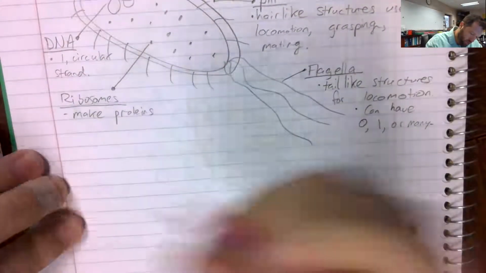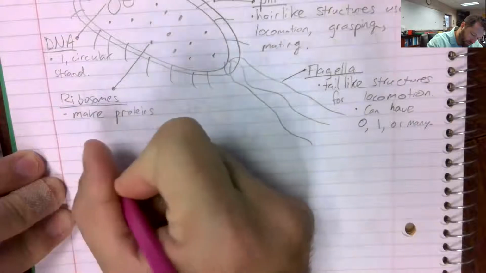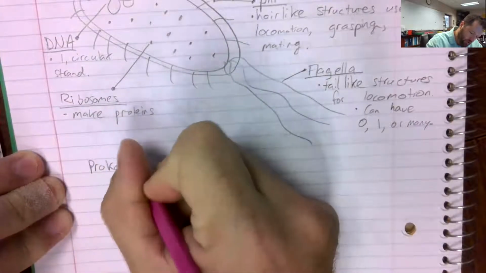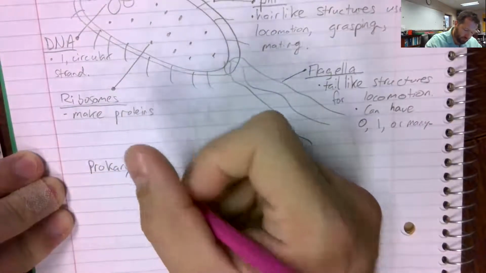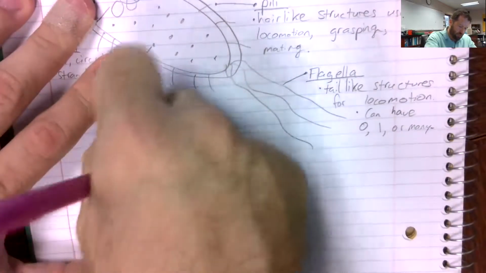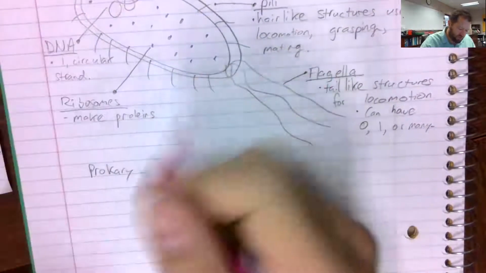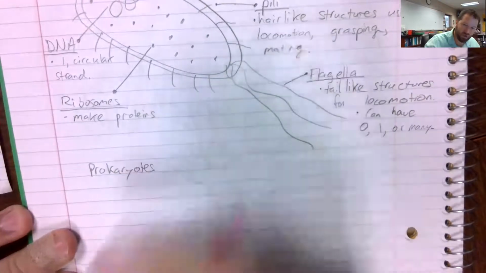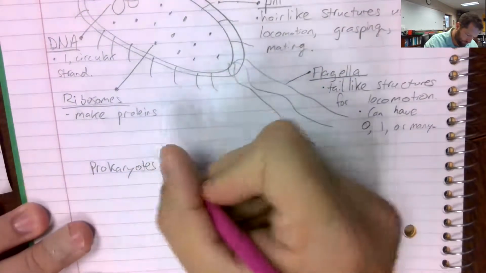So bacteria are prokaryotes. In the strictest sense, there are two types of cells. There's eukaryotes, which like our cells have a nucleus.